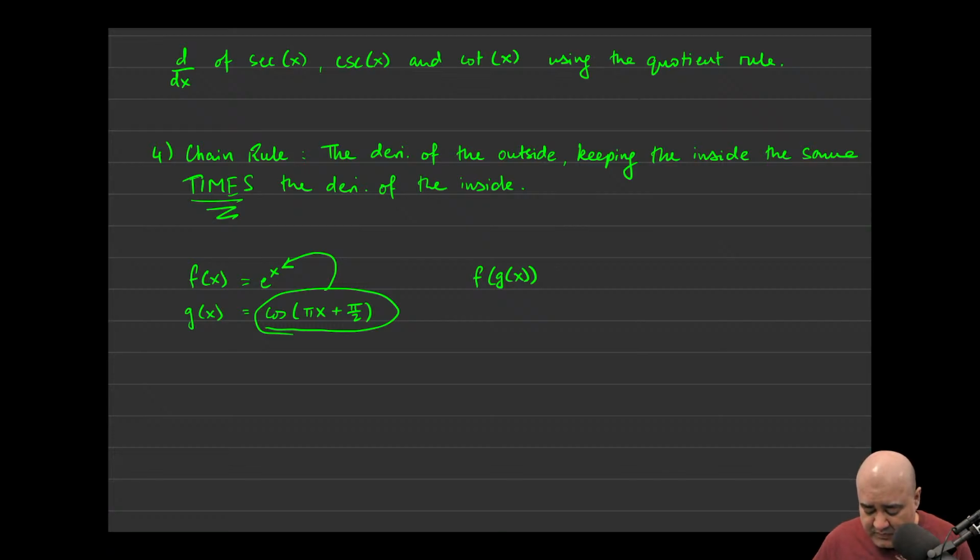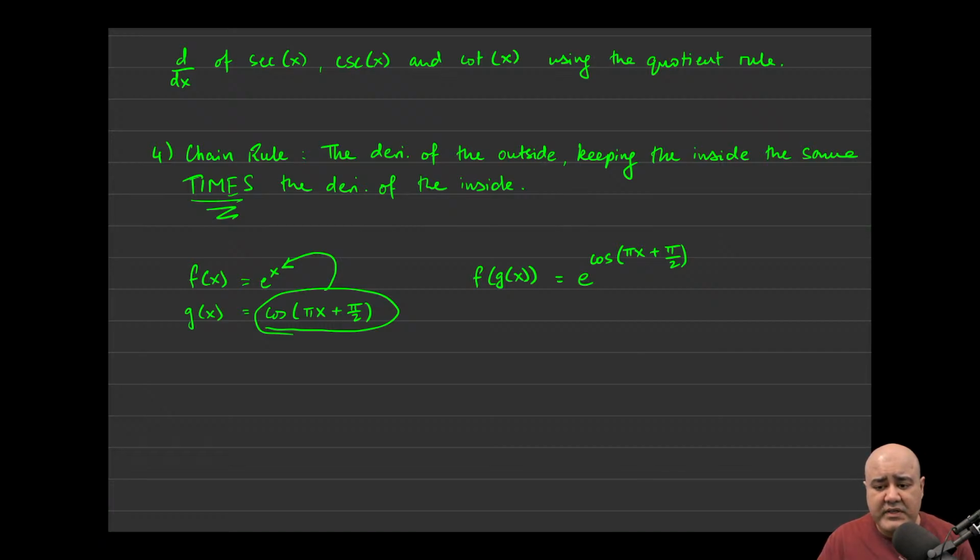So that answer would be this semi-ugly looking thing, e to the cosine of pi x plus pi over 2. But that is what a composition is. When you take a function, you plug it into another, or you evaluate a function at another function, you're doing what's called a composition of functions. Whenever we do that, we have to use the chain rule in order to find the derivative.